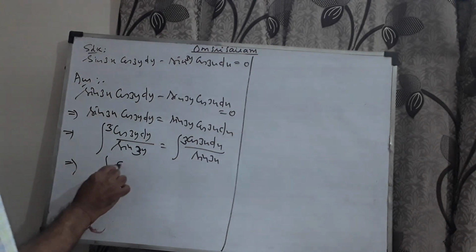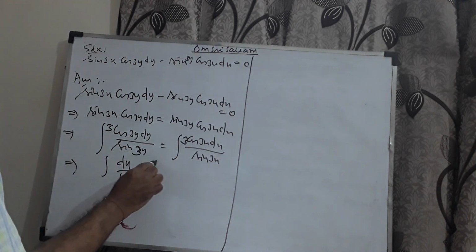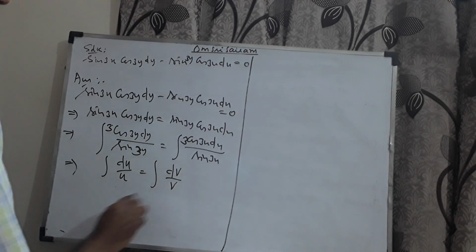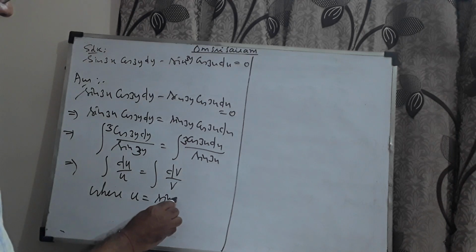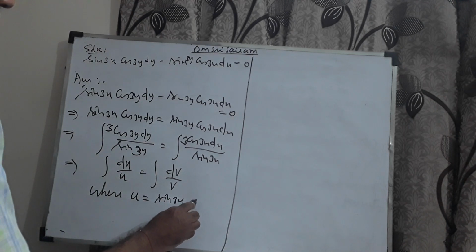Therefore, this is the form integral du by u is equal to integral dv by v, where my u is nothing but sin 3y, which is the denominator in the LHS.